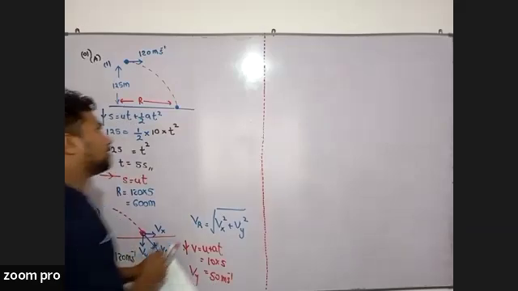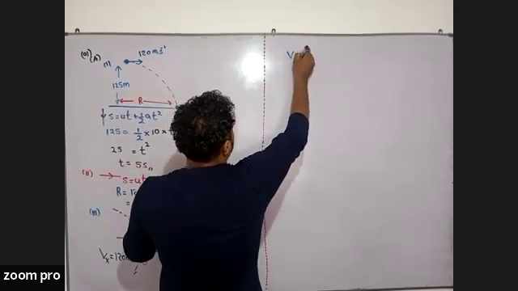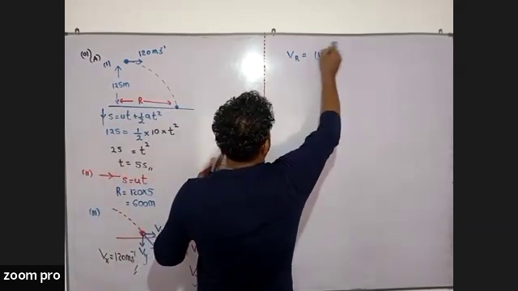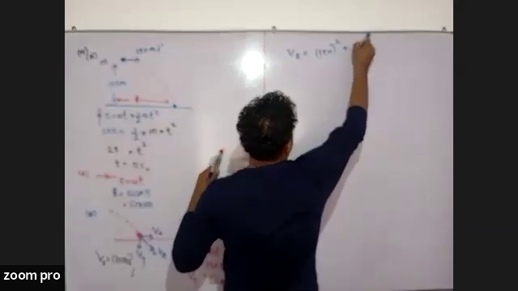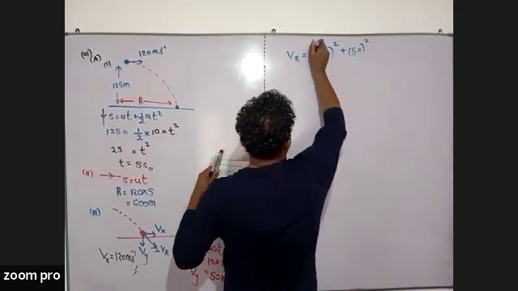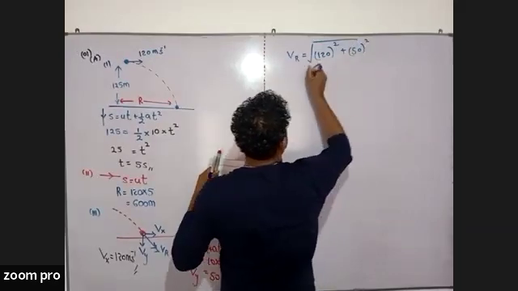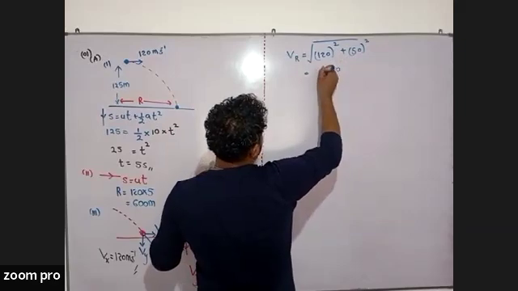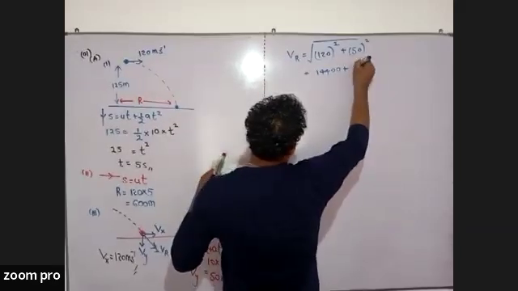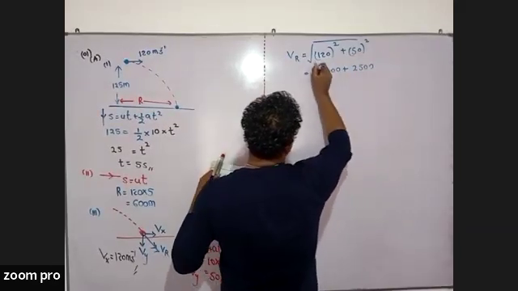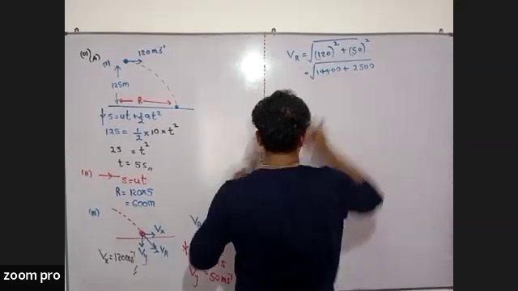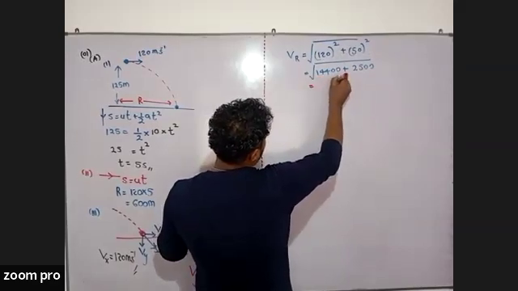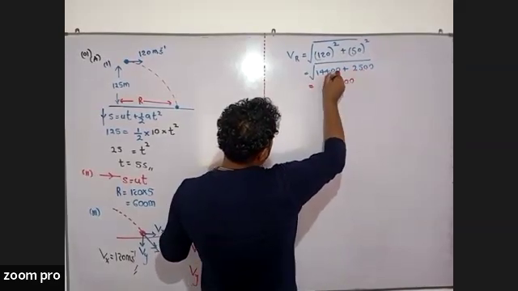To obtain the VR, the resultant velocity, we have to substitute into this equation: 120 squared plus 50 squared. Right guys, in this question you can figure out that this is equal to this one.